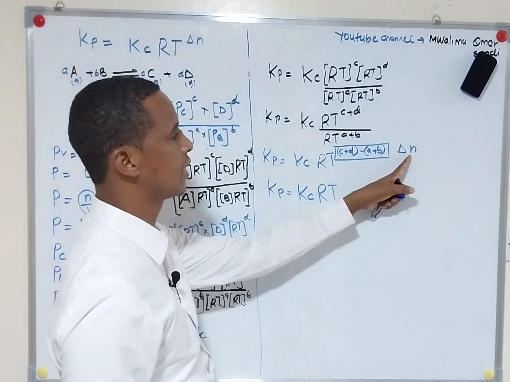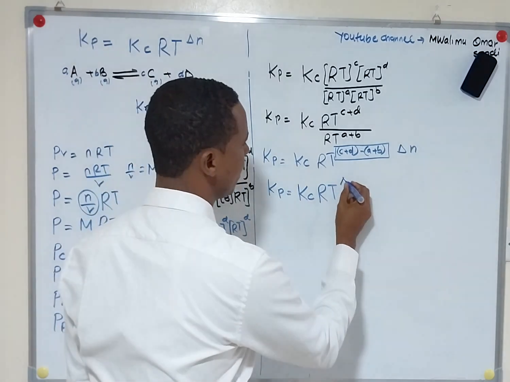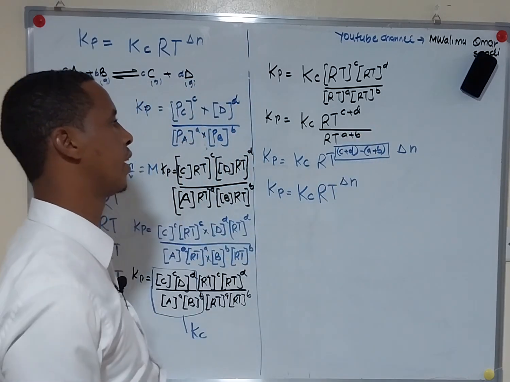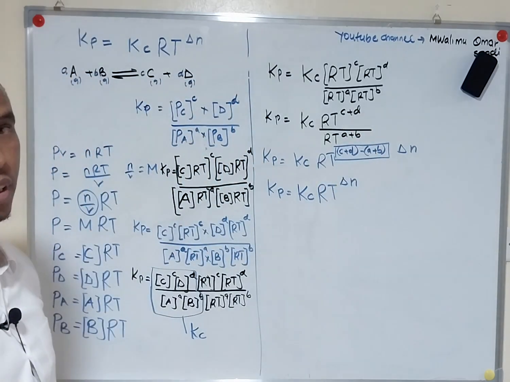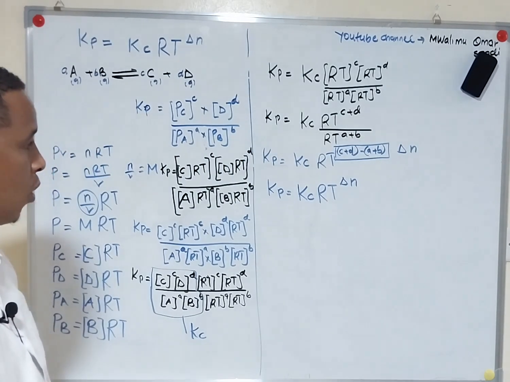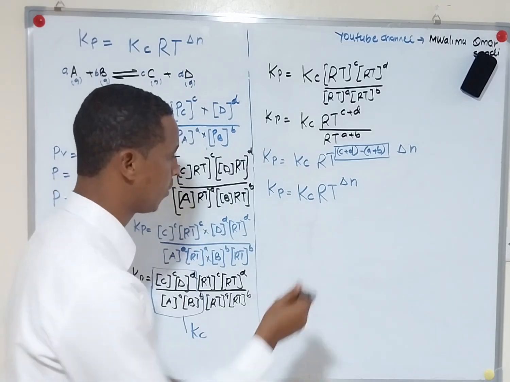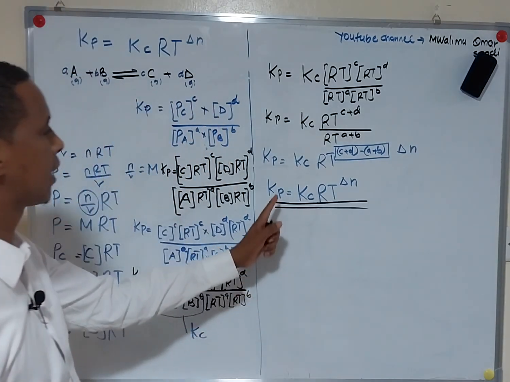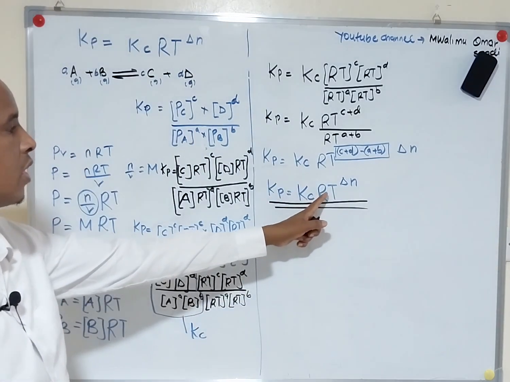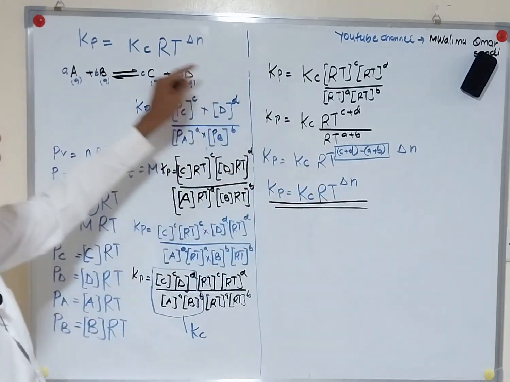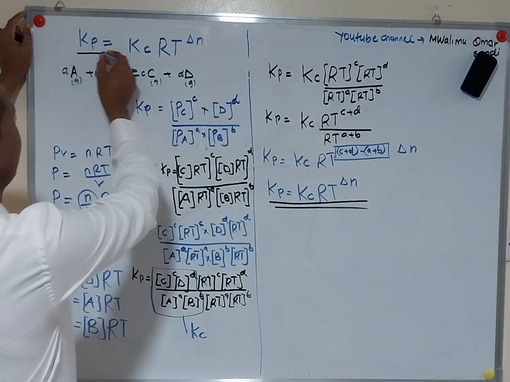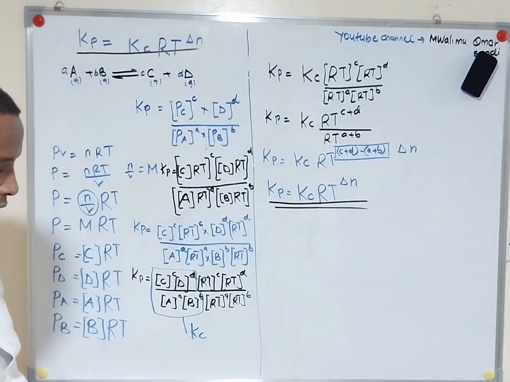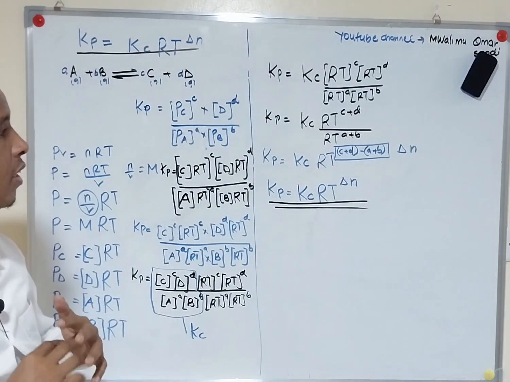All of this we have replaced with change in n, since it is a subtraction of the powers, and that is concerning the number of moles. So that is how we have arrived at our equation, which is Kp is equal to Kc RT to the power change in n, which we have here. And that is how Kp is derived.